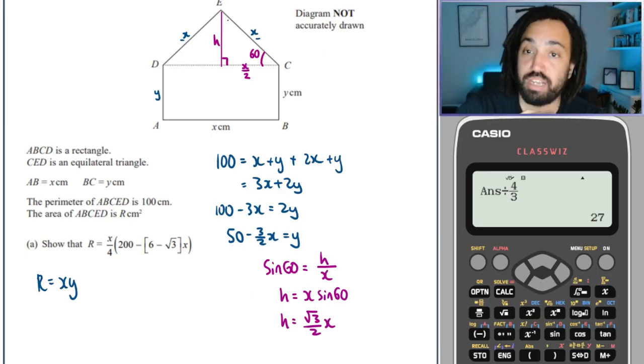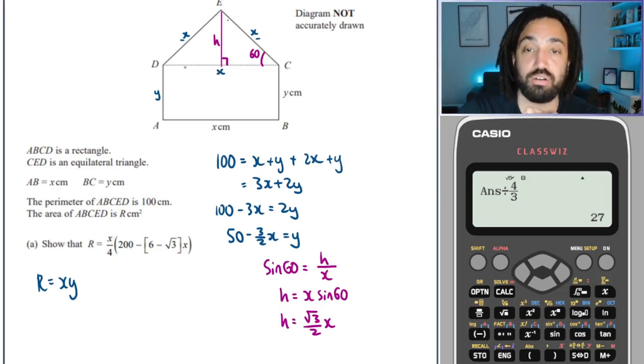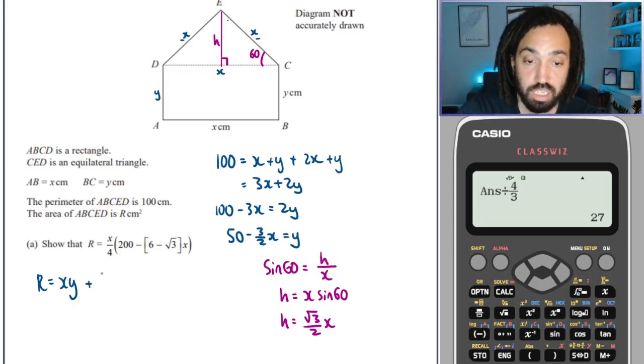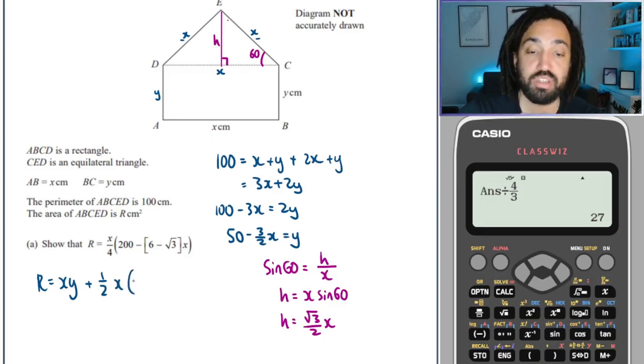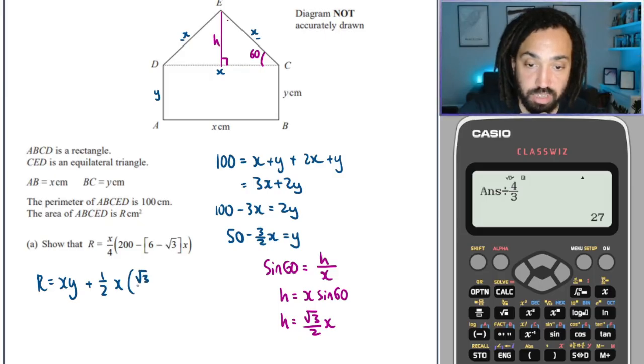So we have the height of this triangle. Great. In fact, I didn't need to write that at all, because all we could do now is just do plus a half base of the equilateral triangle, which is x, times by the height, which is root 3 over 2x.